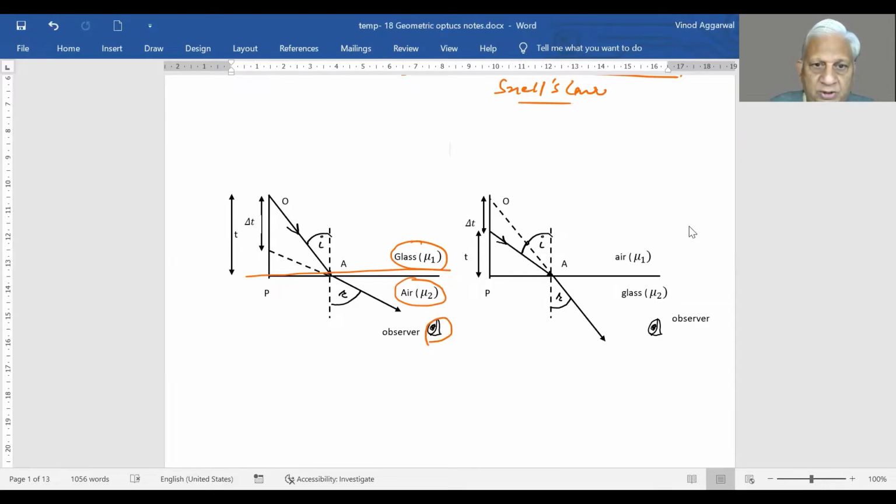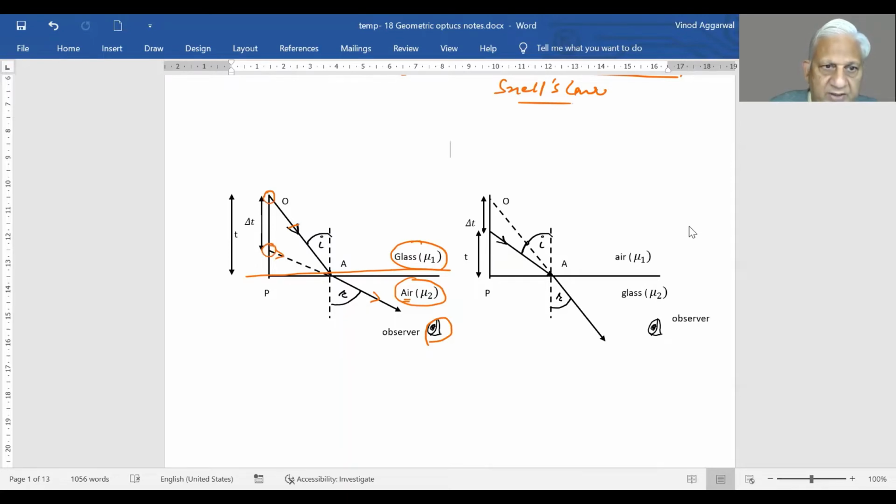We are going to see through air, and if the object is here, and if we are seeing from air, what happens is the ray which originates in a denser media, when it comes to a rarer medium, it goes away from the normal, and it looks as if this ray is coming from here and not from here, it is coming from here.